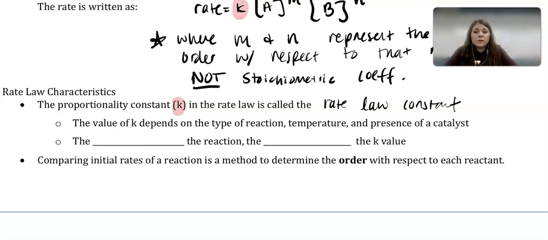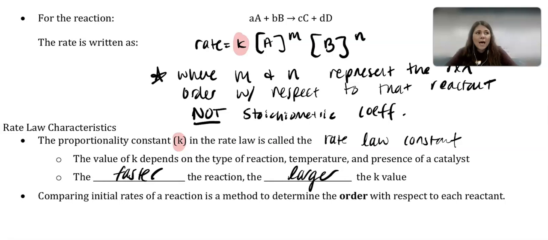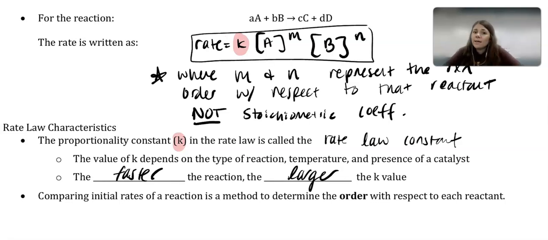It also depends on temperature and the presence of a catalyst, because the faster the reaction, the larger the k value is. We can compare initial rates of reaction as a method to determine the order with respect to each reactant. If we know the entire rate, we can figure out what k is. That's generally how the problems will be laid out.